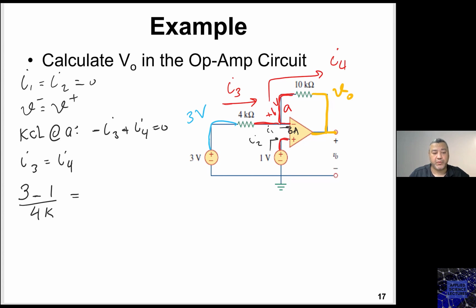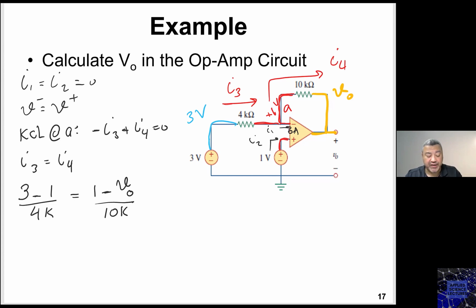What about I4? Any volunteer? It is 1 minus V naught divided by 10k. Yes. So I3 is the current going from the 3 volt node to the 1 volt node.